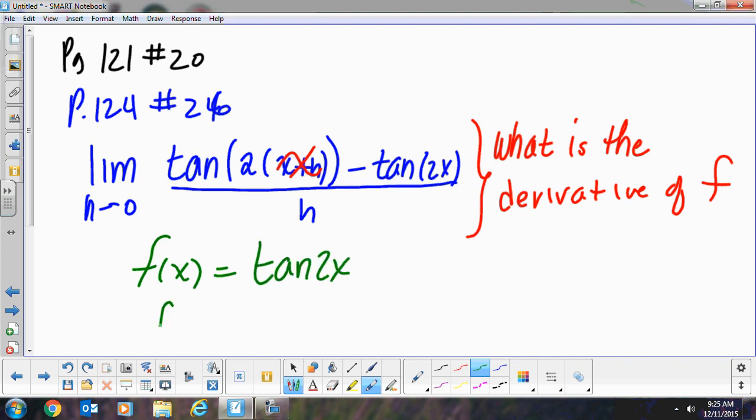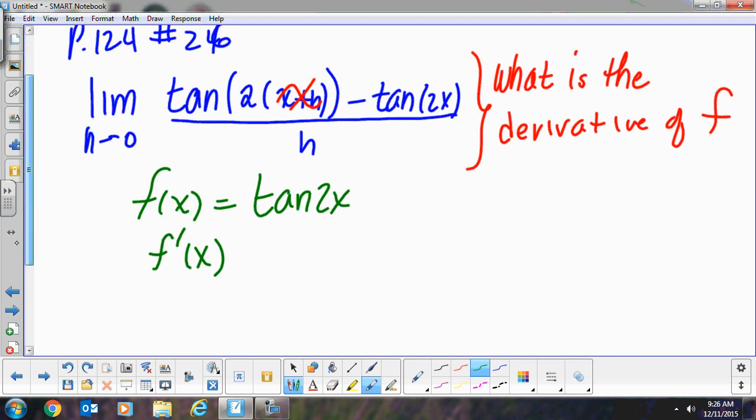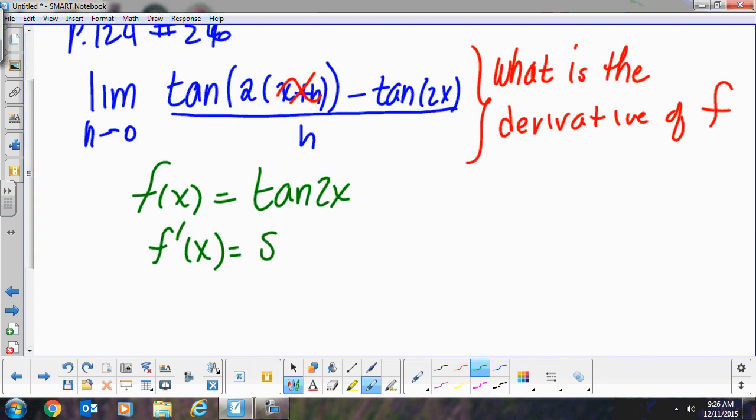So what is your derivative? Chain rule. What's the derivative of tan? Secant squared of the angle times the derivative of the angle, which is? So your answer should have been 2 secant squared 2x, which was D. Do you know what the biggest response is from the kids that miss this question? No, C, because they didn't do the derivative of the inside.